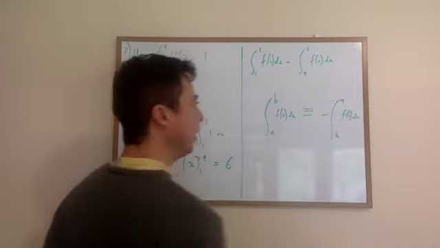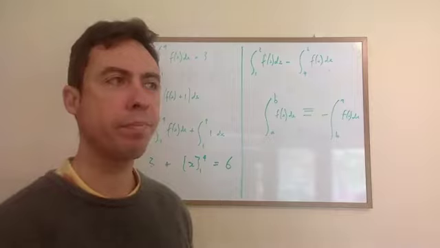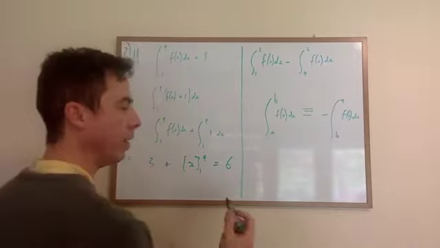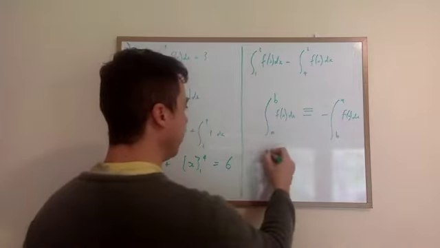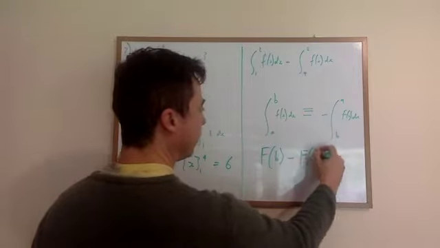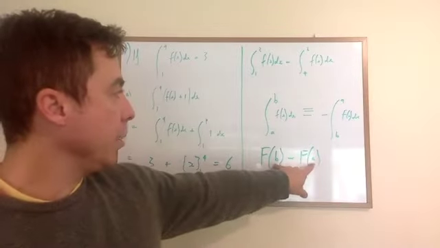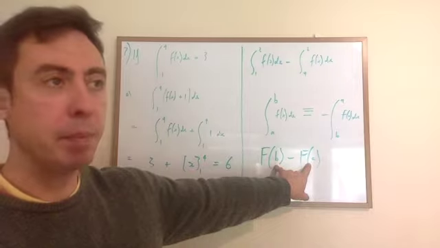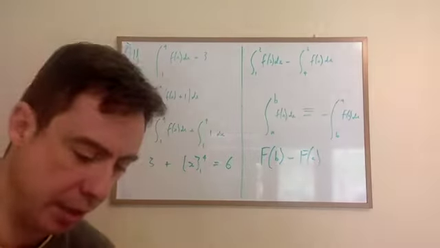You can maybe think about the fundamental theorem of calculus, probably the easiest way to think about it actually. So your a's and your b's have been swapped around, and so you're going to get the same number but negative. So you just verify it for yourself like that.